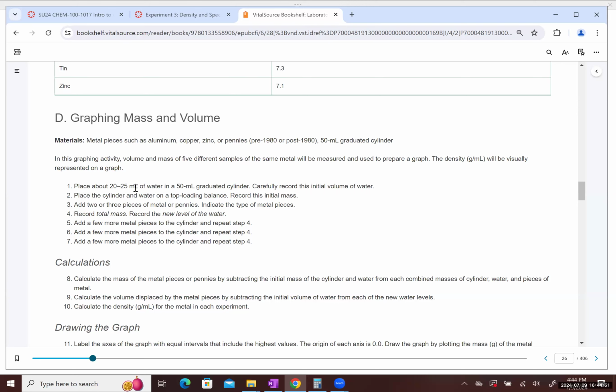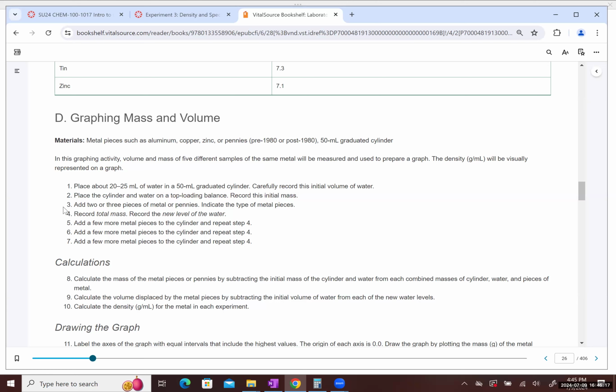So we're going to start by placing a volume of water in a graduated cylinder. We're going to record that volume. We're going to weigh the cylinder and water on a balance and record the mass. We'll then add a few pieces of our metal sample. Then we'll record the total mass and the new volume found in the graduated cylinder.